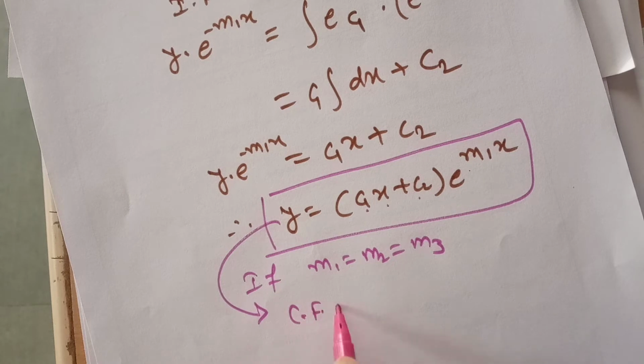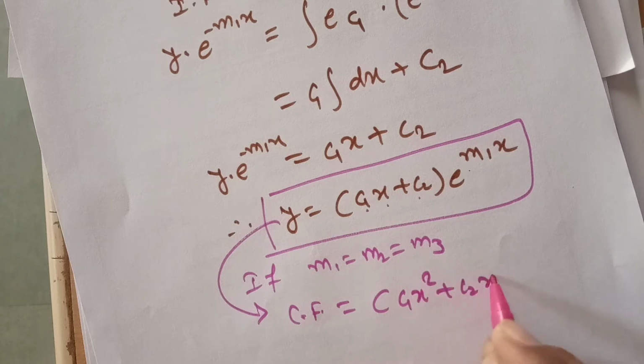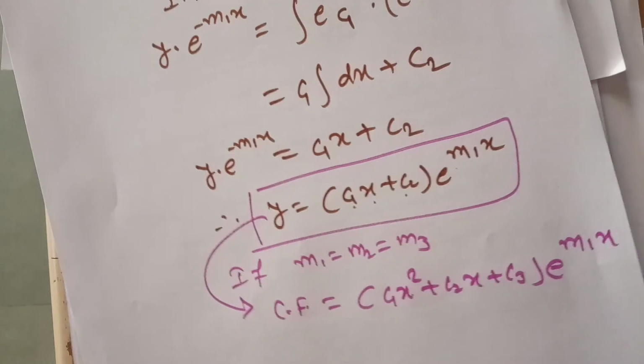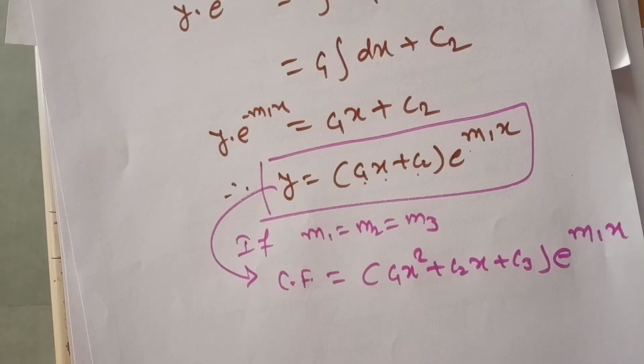We will generalize this: (c1 x square plus c2x plus c3) into e raised to m1x. In this way we can write our CF if roots are repeated. Remember this, if roots are repeated, then we can write our CF as (c1 x square plus c2x plus c3) into e raised to m1x.